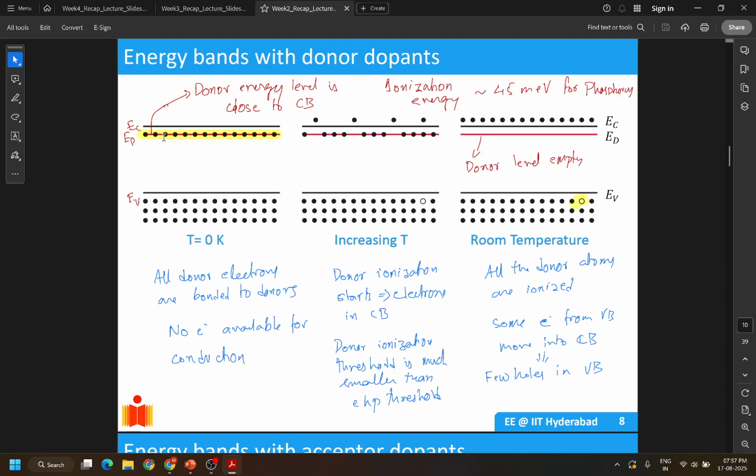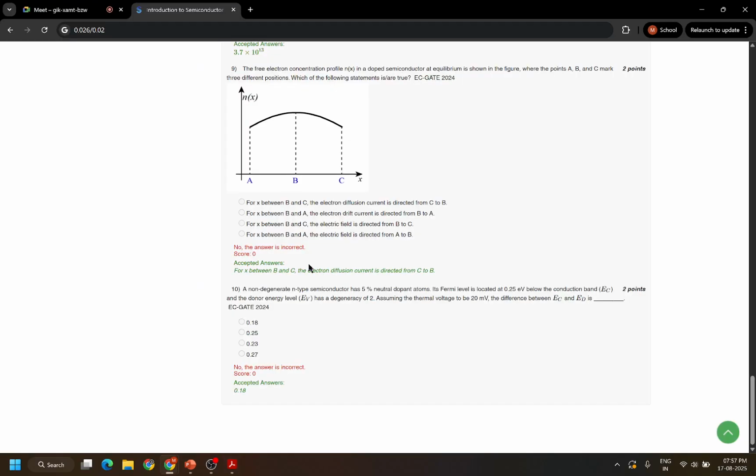All donor electrons are bonded to the donor atoms. Hence, your donor atoms are neutrally charged because they have not given any electrons yet. So that is what is meant by neutral dopants, that they are neutrally charged. They are not ionized yet. So this is what this question says.